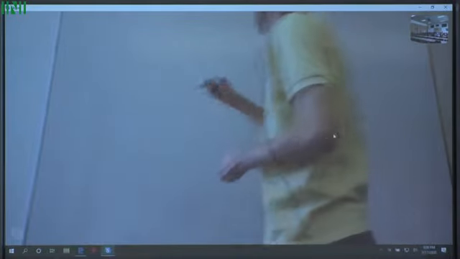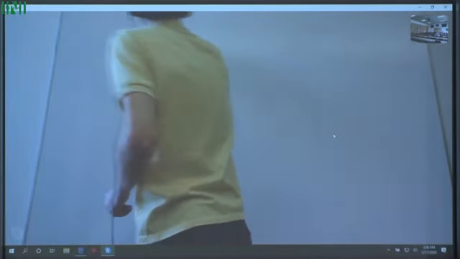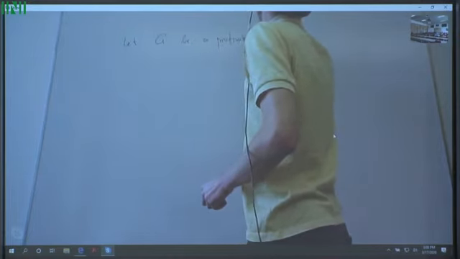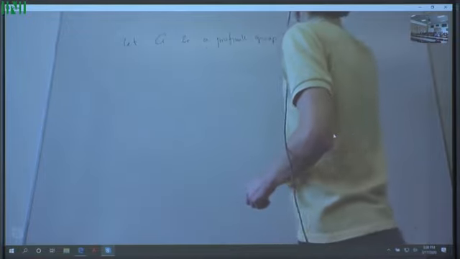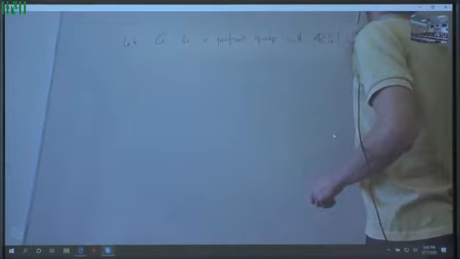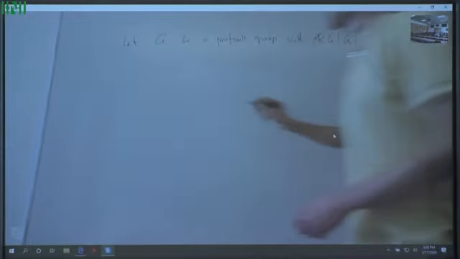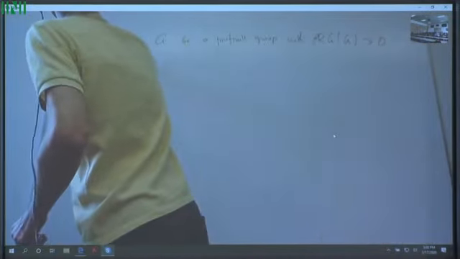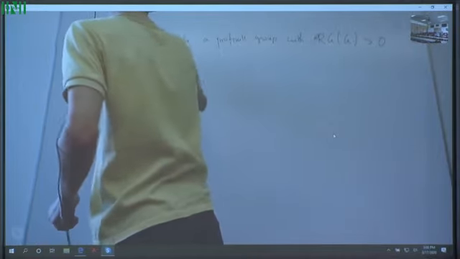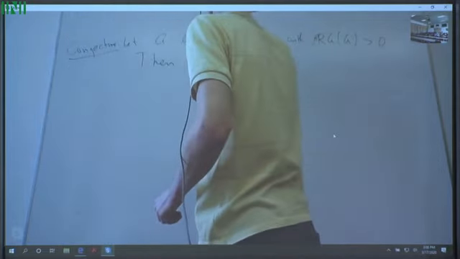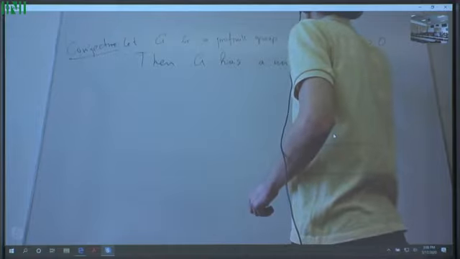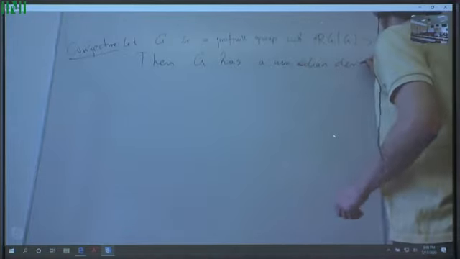Let G be a profinite group with positive rank gradient. This is a conjecture. Then G has a dense non-abelian free subgroup.